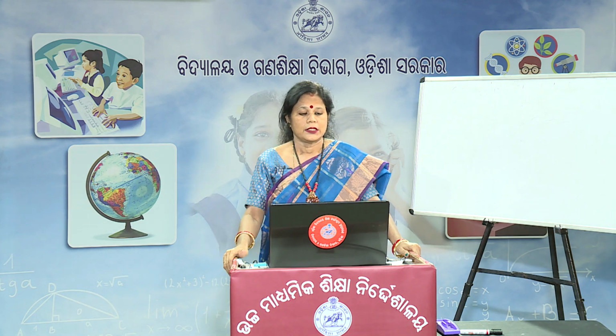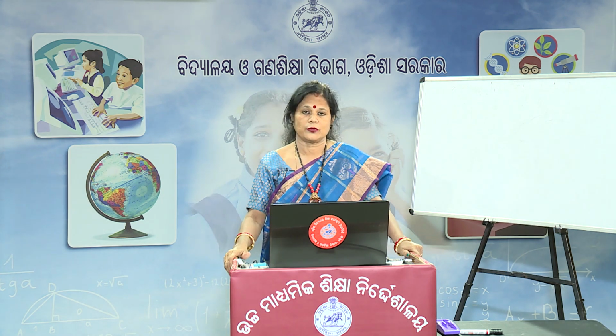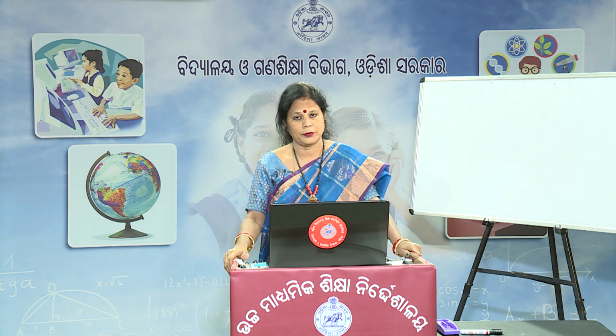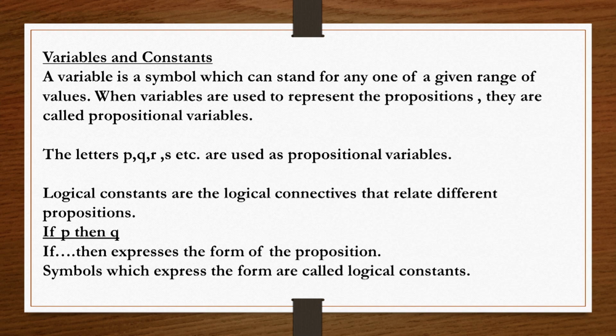Okay. Similarly, here also in symbolic logic we use some variables. And these variables are used for the propositions. Some propositions are there and for those propositions we use those variables.